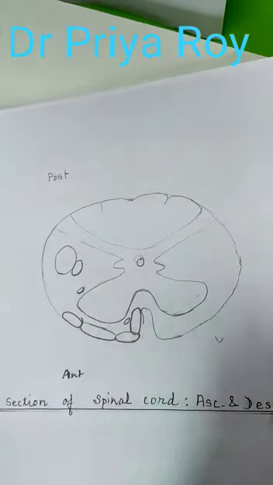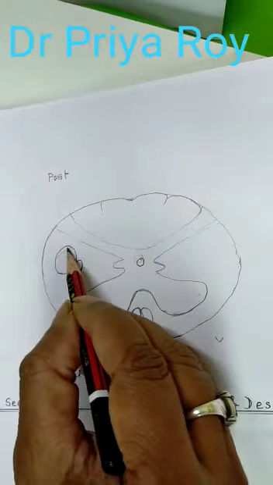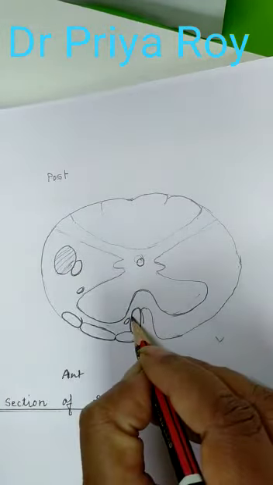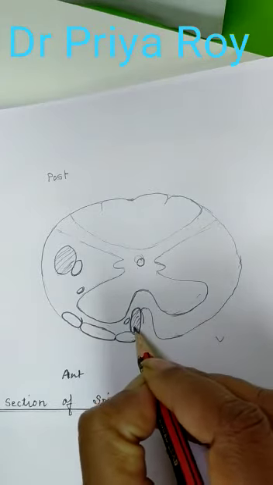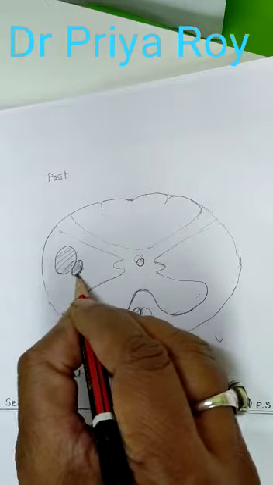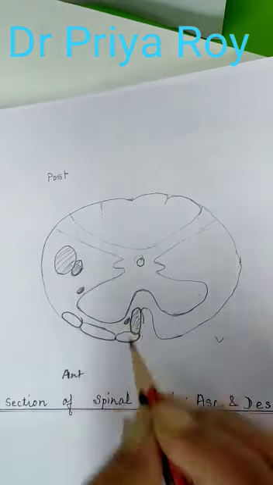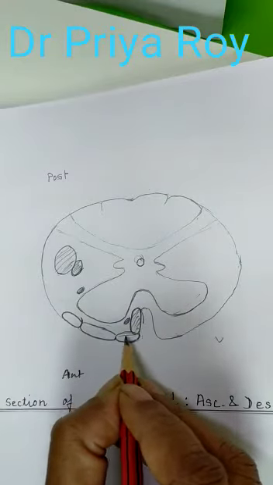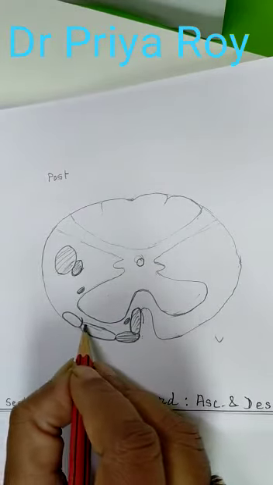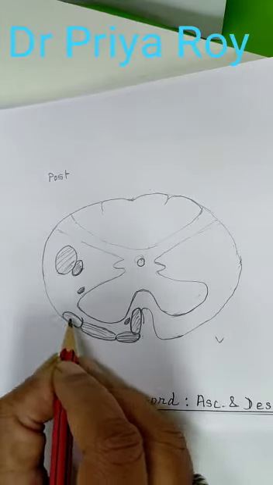So very nicely it has been made. You can color it: this is the lateral corticospinal and this is the anterior corticospinal. So two are pyramidal, and next are the rubrospinal, the medial and lateral reticulospinal, the tectospinal, the vestibulospinal, and the olivospinal.